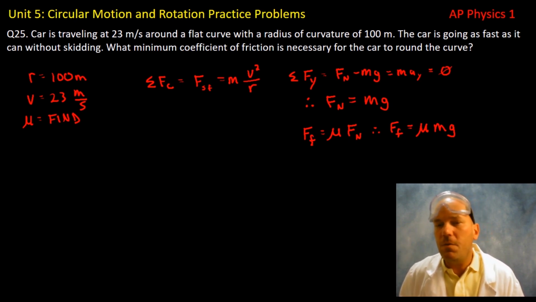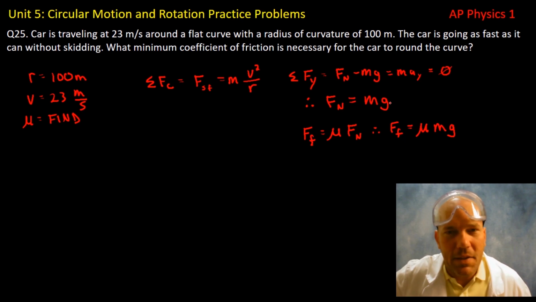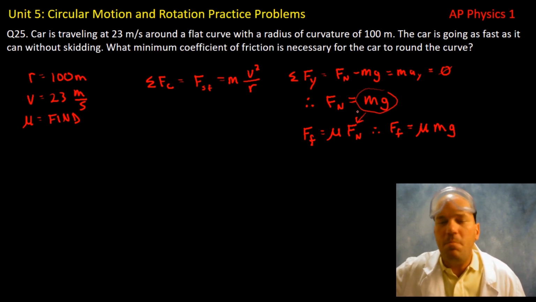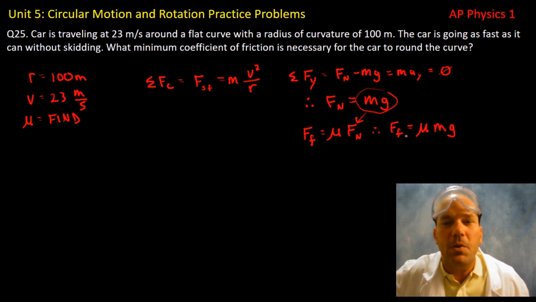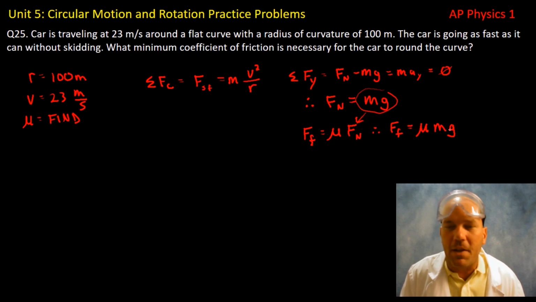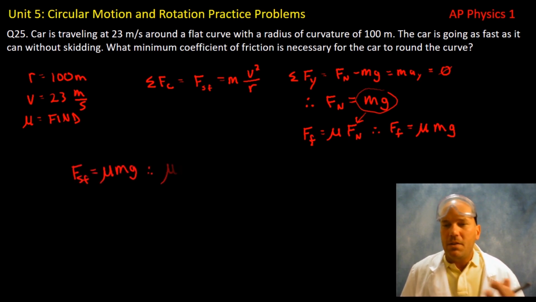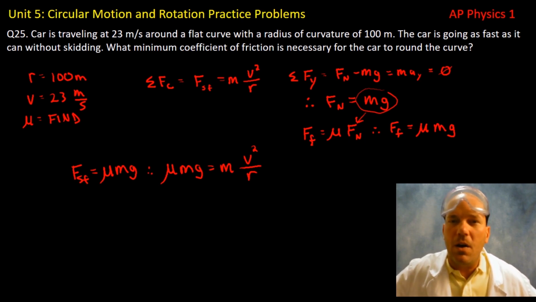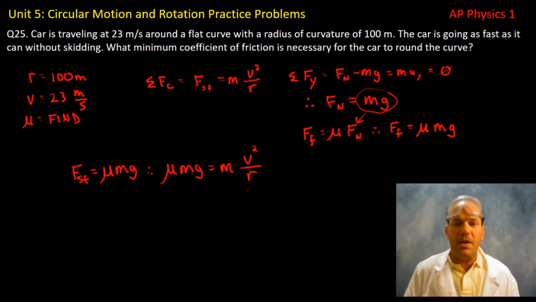So because we know force normal is equal in magnitude to mass multiplied by the acceleration due to gravity, we can take that and plug it in here, which we've done a number of times throughout this course. And that tells us that the force of friction is equal to mu times mass times the acceleration due to gravity. Now, let's look at putting that and setting it equal to our mass times the centripetal acceleration.